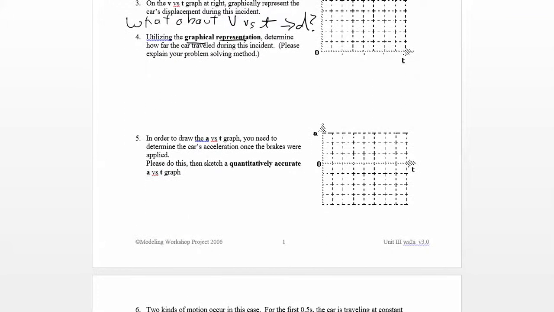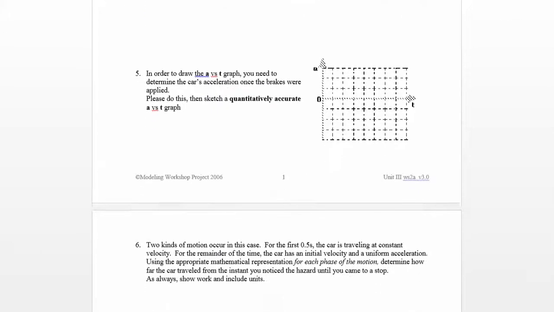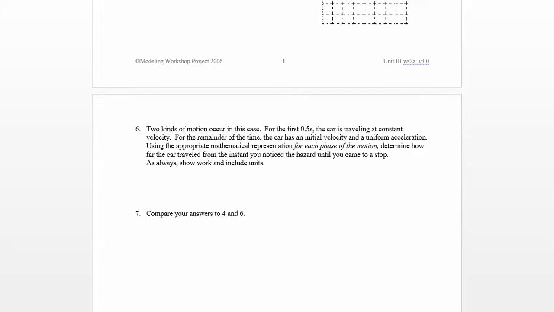In order to draw an accurate acceleration versus time graph, you need to determine the car's acceleration once the brakes were applied. So you need to go back and remember, what is it about a velocity versus time graph that gives us acceleration? Two kinds of motion occur in this case. For the first half a second, it's constant velocity.